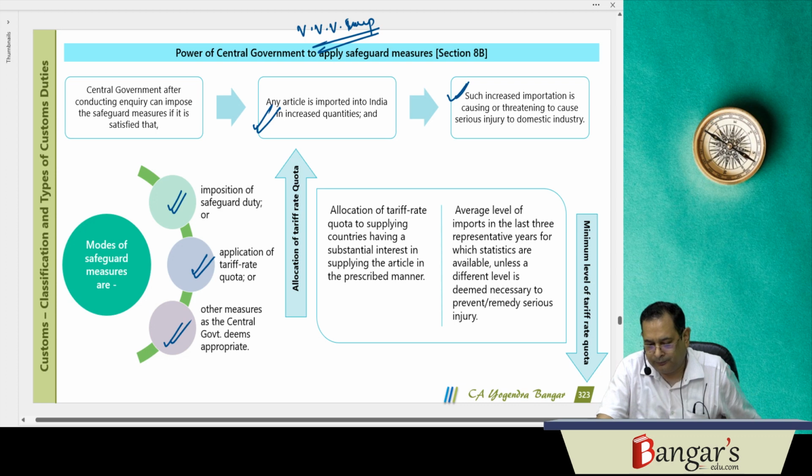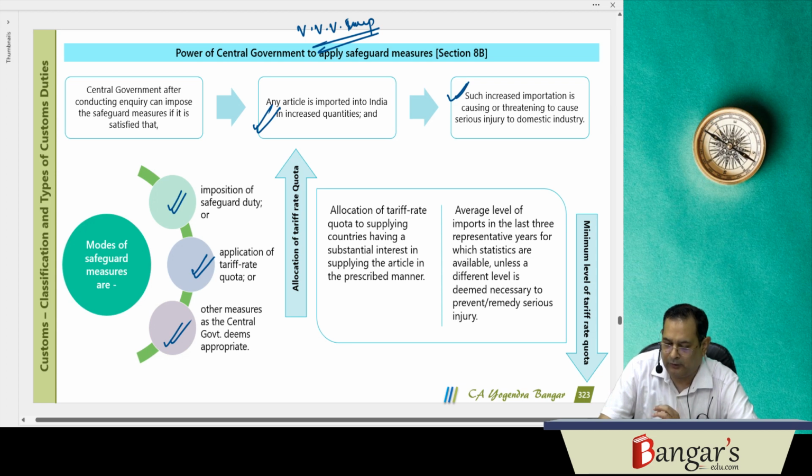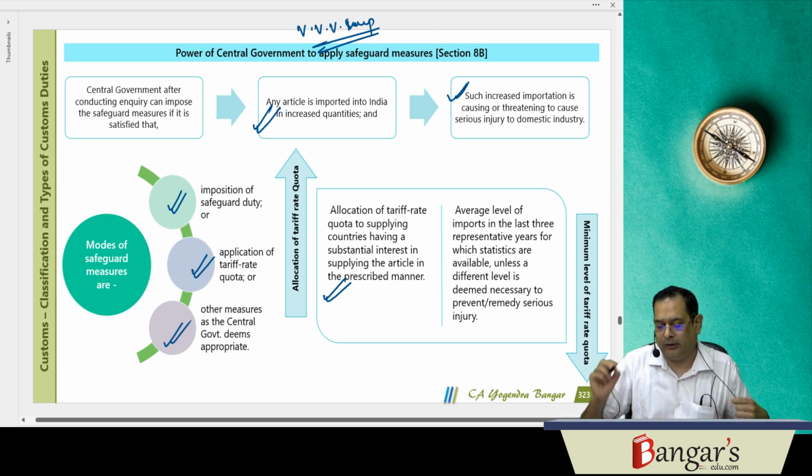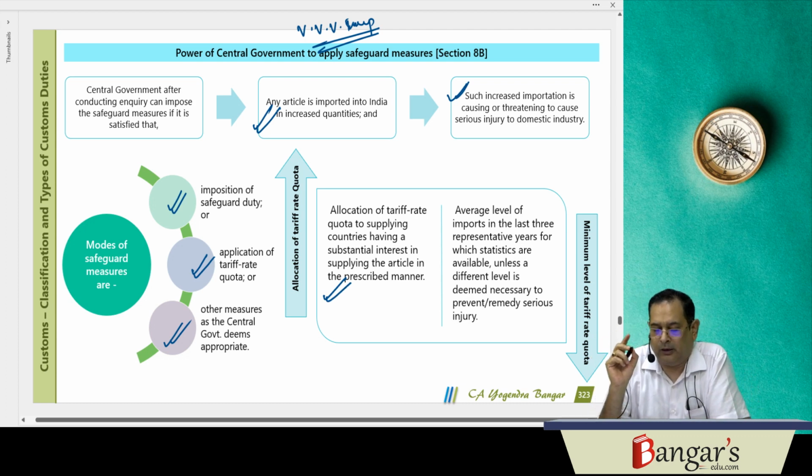Now here, there is the allocation of tariff quota to supplying industries having substantial interest in the article in the prescribed manner.